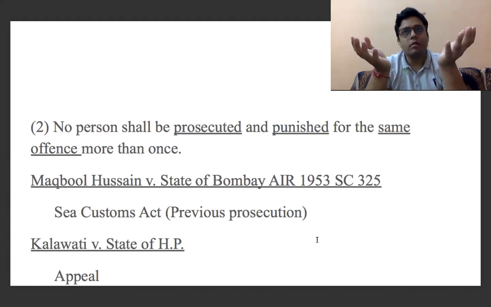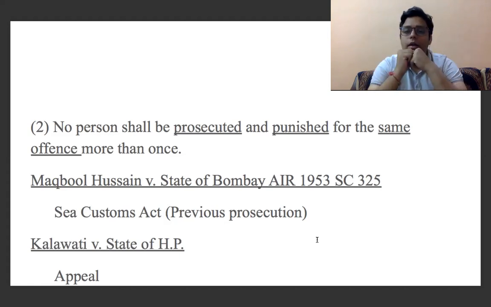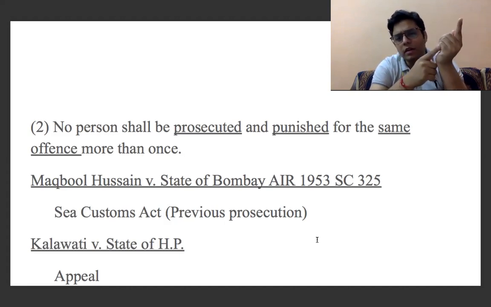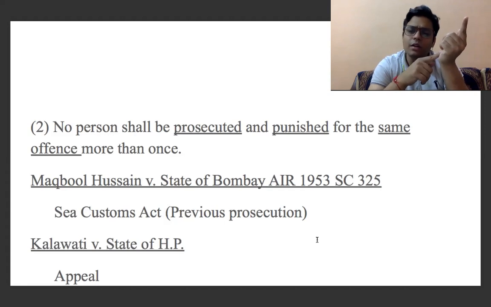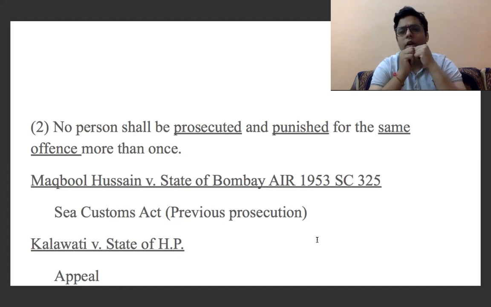Now suppose that a particular party is not satisfied with the decision of the session court. It goes into appeal in the high court. The question about this appeal is, is it the second prosecution for the same offense? What is the high court going to do?